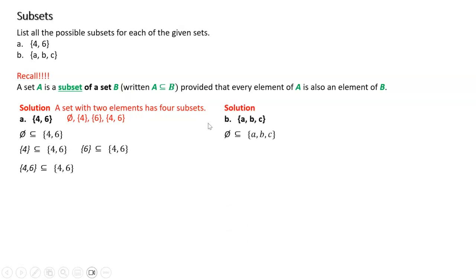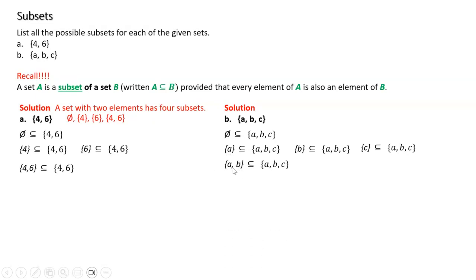Now let's try B. Right? So we started with the empty set. And then we're going to get it one at a time. Just do the set containing A, which is also a subset of the set containing A, B, and C. Then it's going to be B and C. Now let's do them in pairs.